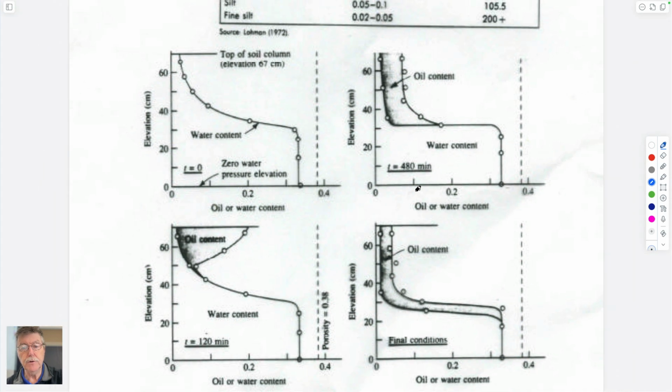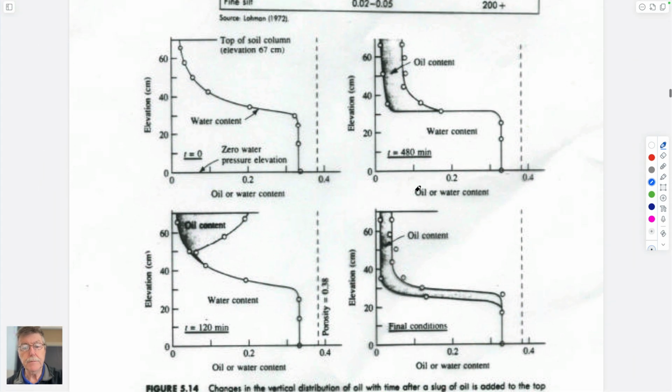I'll make it slightly smaller so we can get all the things on the page at the same time. This is the same capillary pressure versus saturation curve. It's now written in terms of an elevation directly. And these are actually measurements that are made by having pressures measured in a column in the lab, I think, in this particular case. 70 centimeters tall, 2 feet and a few inches.